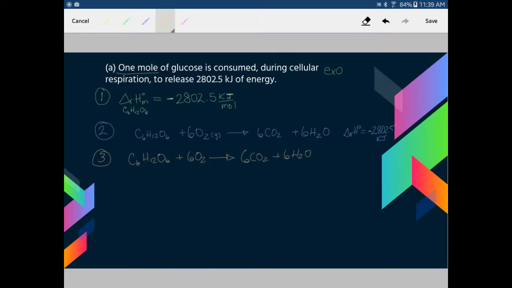So since this is exothermic, we're going to record this value as a product. So we're going to add our 2802.5 kilojoules. Again, you do not record it as a negative value because by putting it on the product side, that automatically indicates that it is a negative enthalpy or that energy is released.